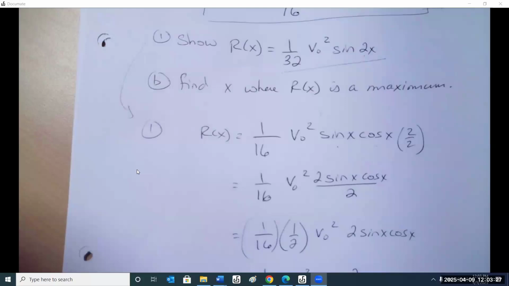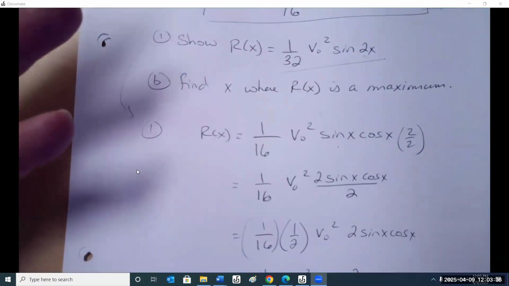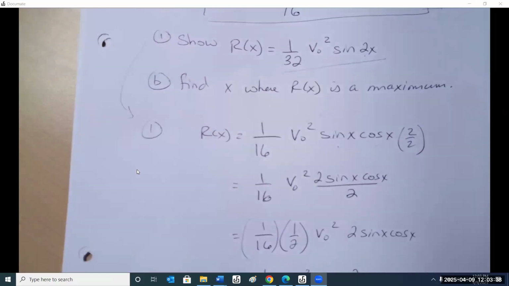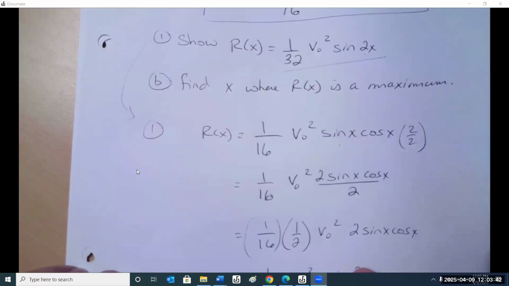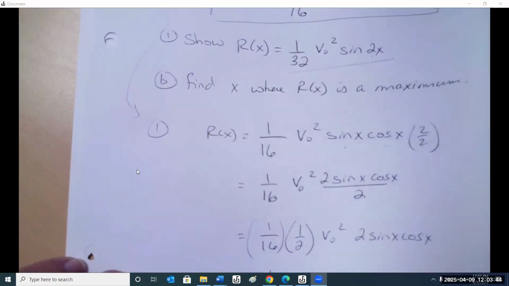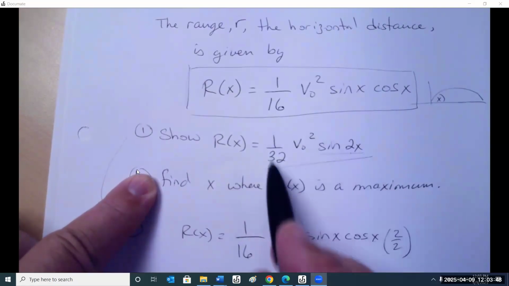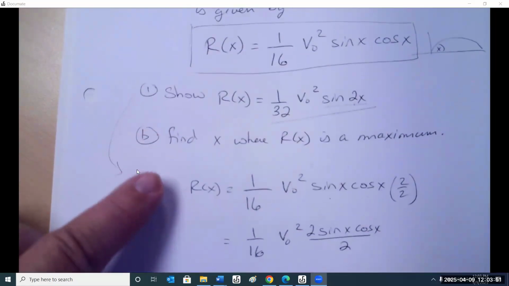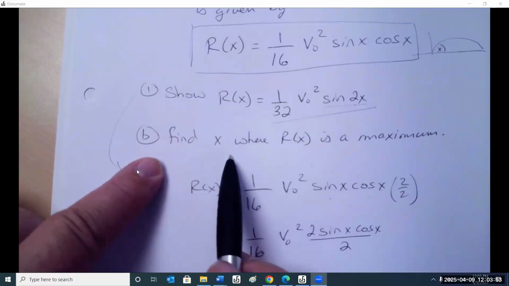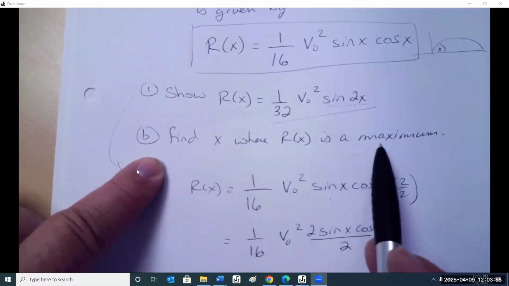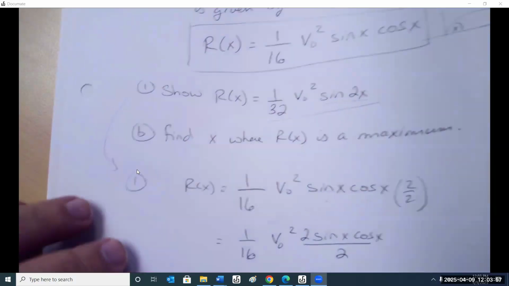This kind of stuff causes the most problems: when can you multiply by 2/2, and when can you not? Whenever you multiply by 1, you're not changing anything. But if you do it, you have to do it universally and uniformly. So that's the first one. We proved that R of x is 1/32 initial velocity squared sine 2x.